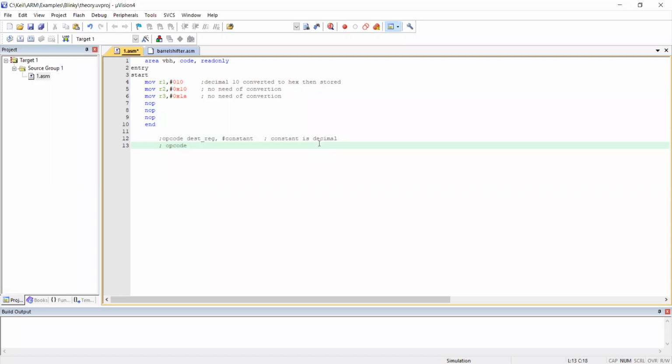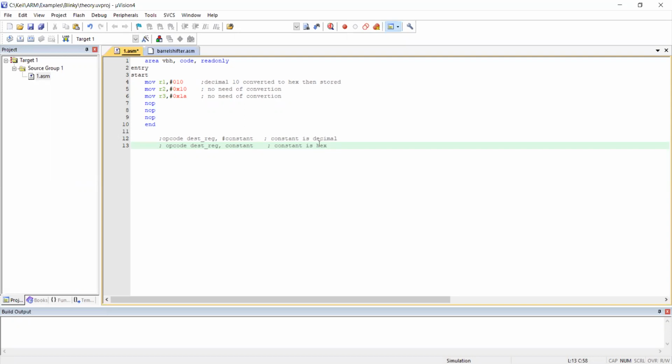Another option I have is destination underscore register comma, and again I want to store one more value. The value is nothing but a constant. This time the constant is a hex number. Do you know hex numbers? Decimal numbers are 0 to 9.